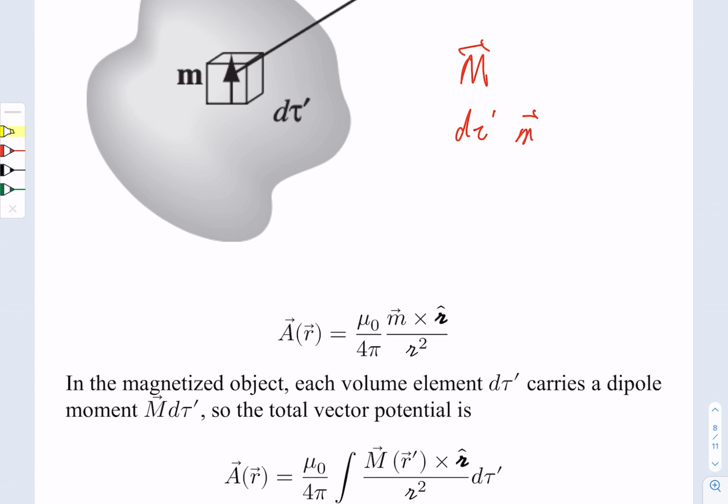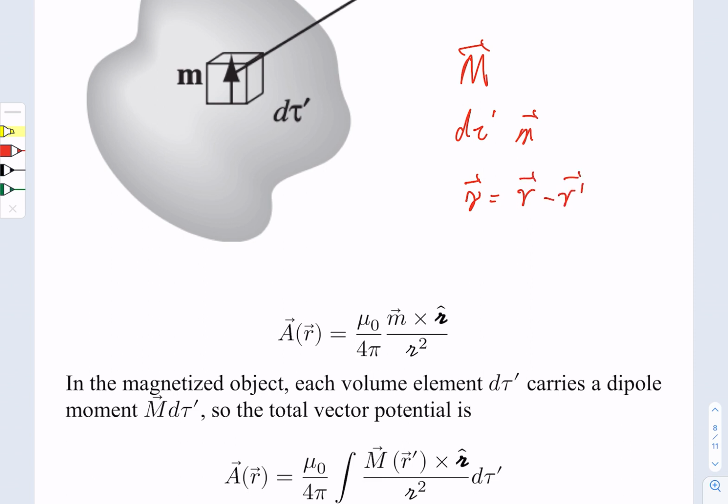We want to keep in mind that the integration is with respect to the prime coordinate, and the m vector is also with respect to the prime coordinate, because that is the source. There is a separation vector here, curly r, which is always defined as the vector between r and r prime.